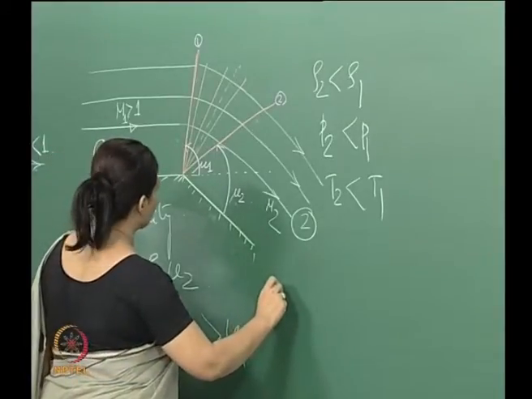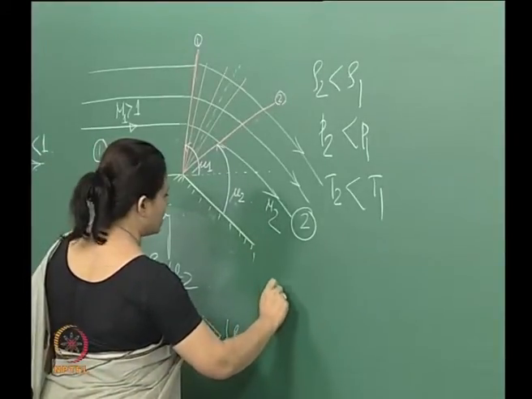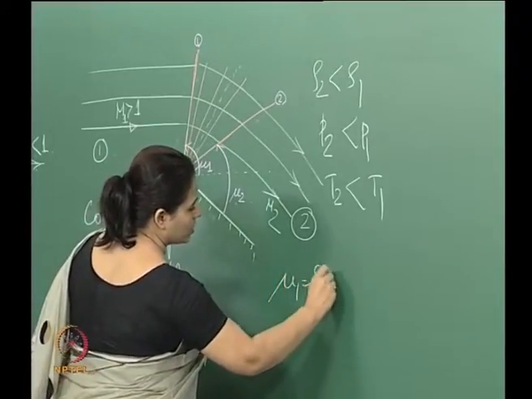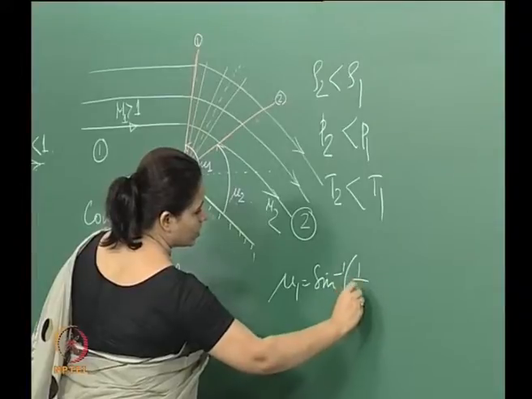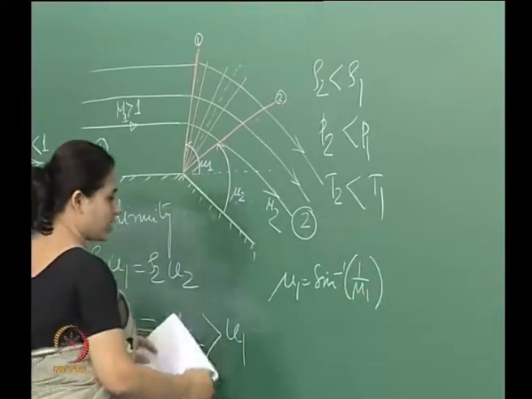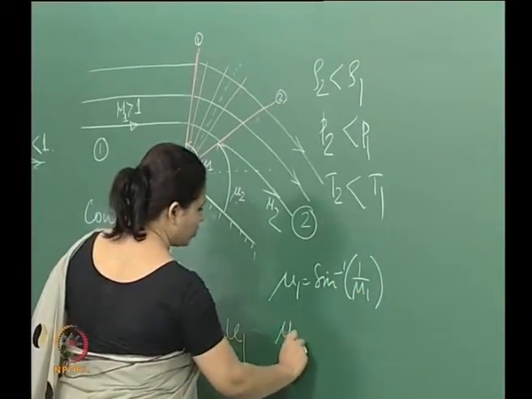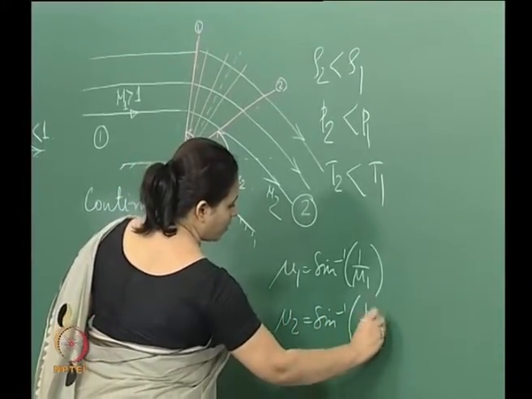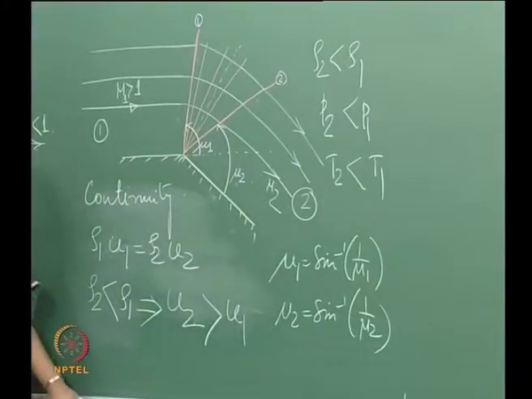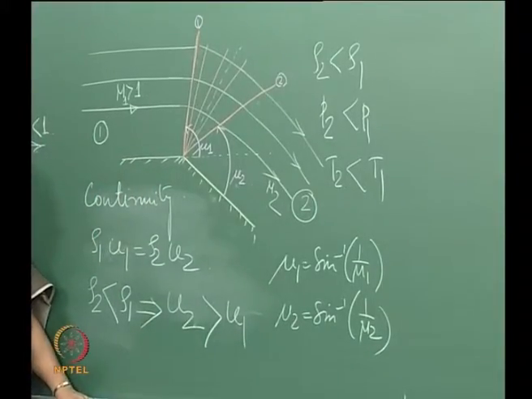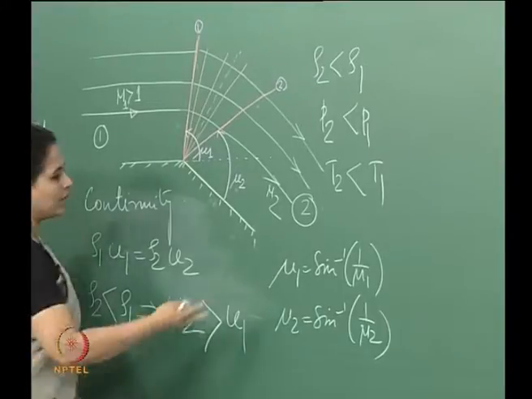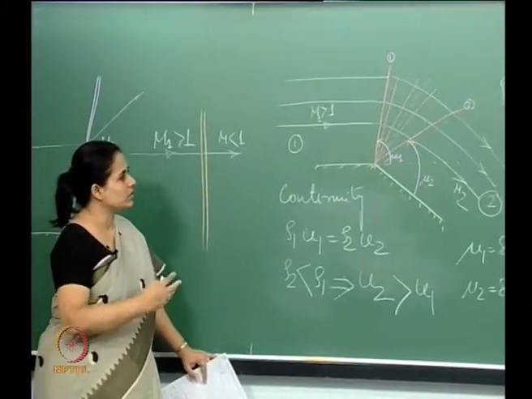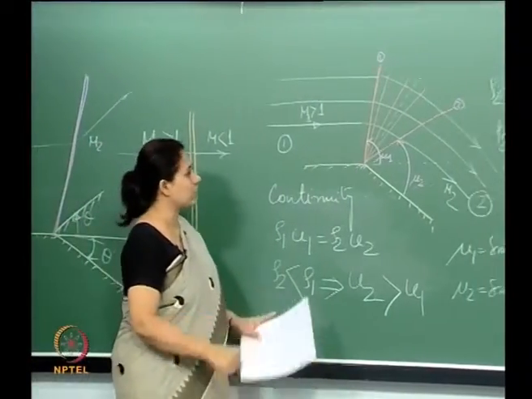So mu 1 is equal to sine inverse 1 by M1, and mu 2 similarly. Essentially these are Mach waves. So the Mach wave angles are given by this. This we discussed in the last lecture.